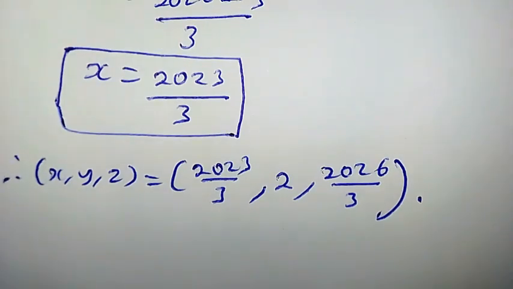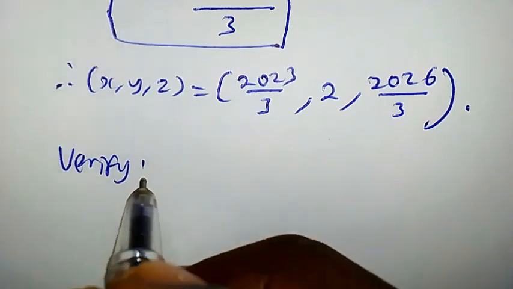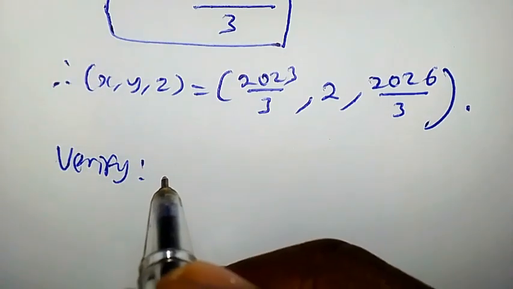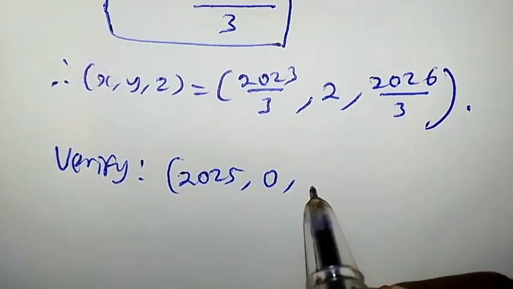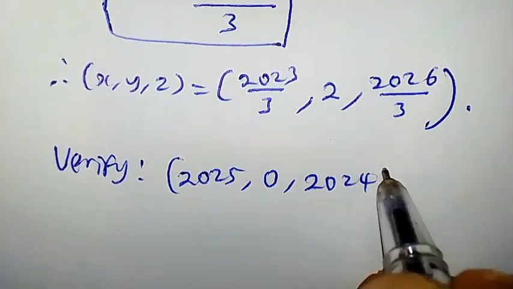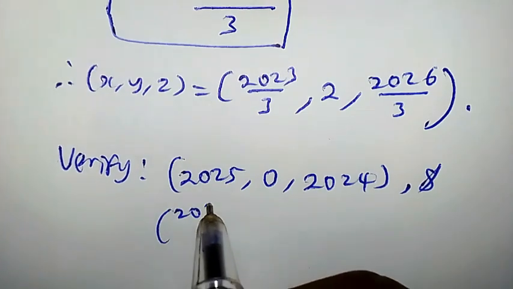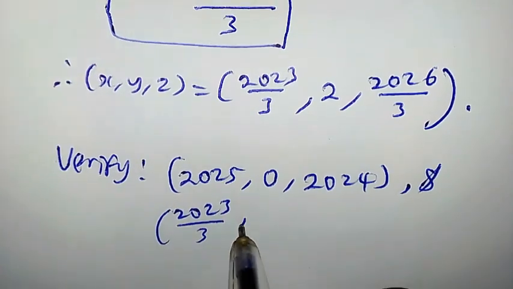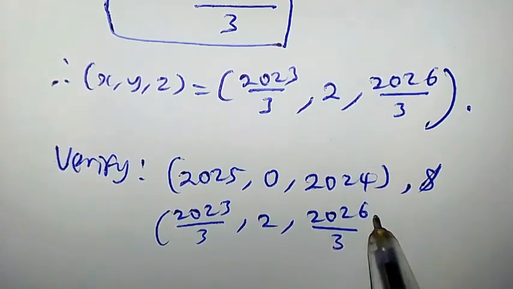Let us now verify if what we've done is actually right. The first solution that we obtained is 2025, 0, 2024. And the second solution is 2023 over 3, 2, 2026 over 3.